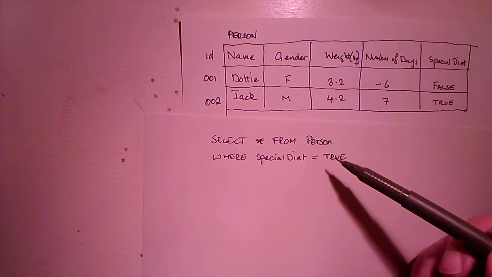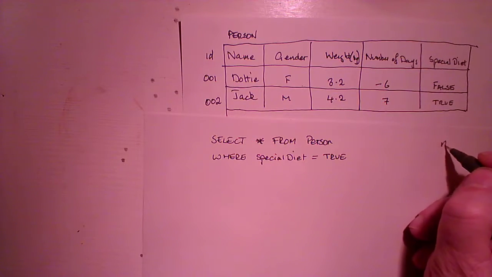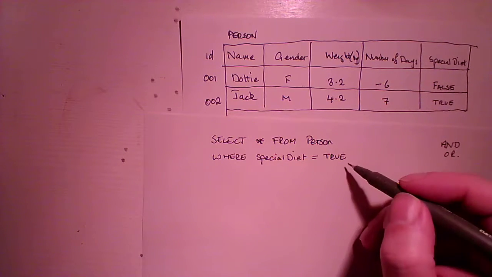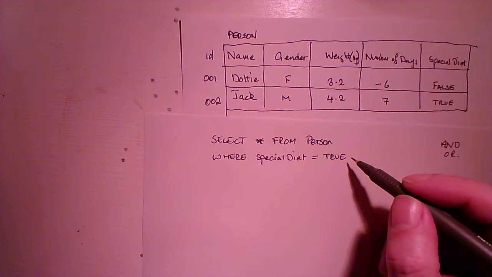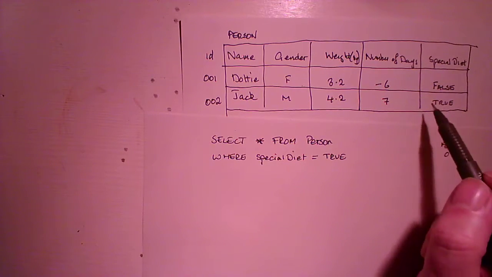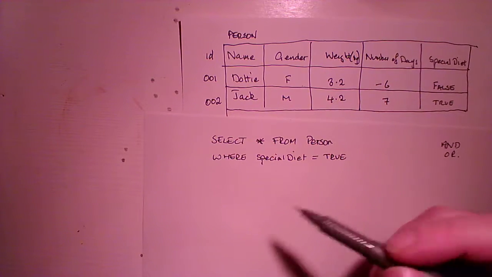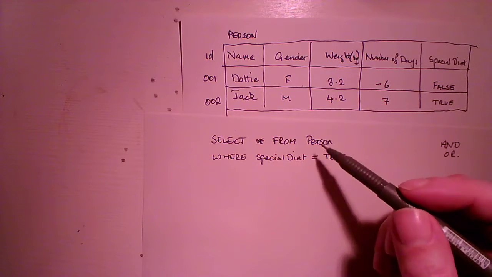The only other items that we have with it is that we can have an AND and an OR, and we use those in this WHERE statement. I haven't got very many records on this one, so I'll do it with this one, and then I'll show you on a larger table.